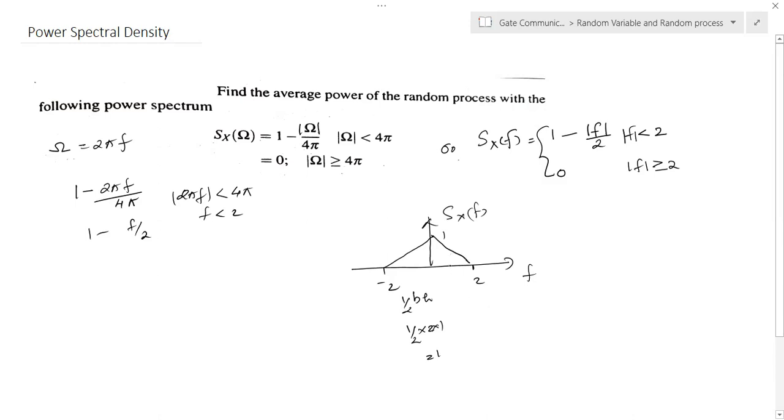So the area here is 1, and here also the area is equal to 1. So total, if you integrate from -2 to 2, you will get the total or average power as 2 units, 2 watts.